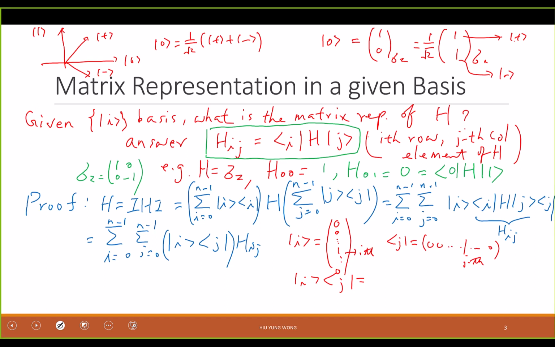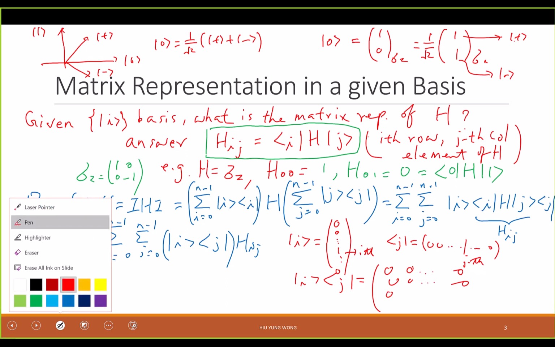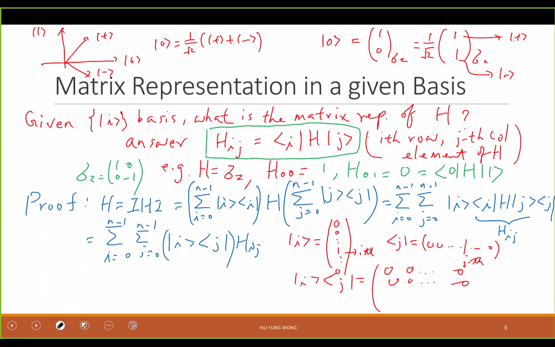What do I get? 0 times 0 becomes the first one. Everything is 0 until what? Good. Until you get a 1 here.